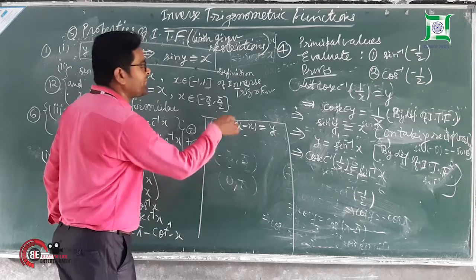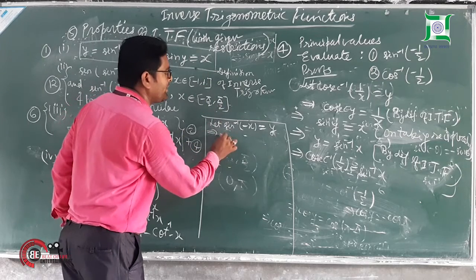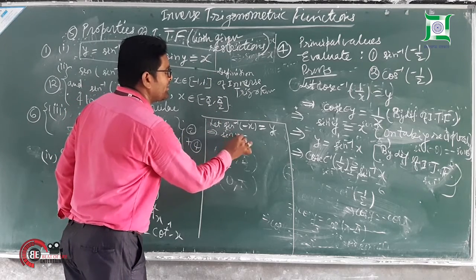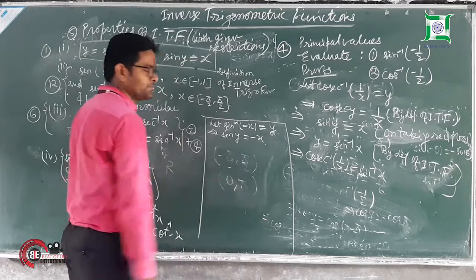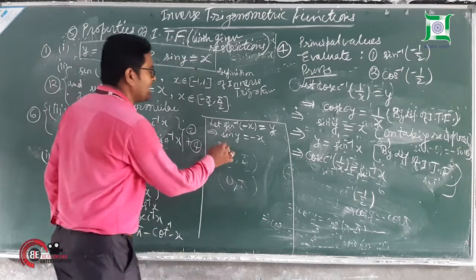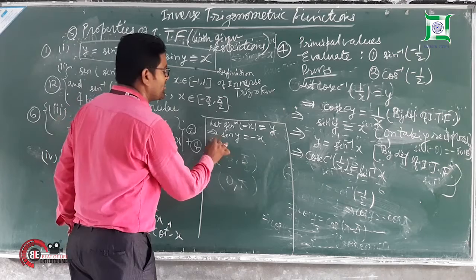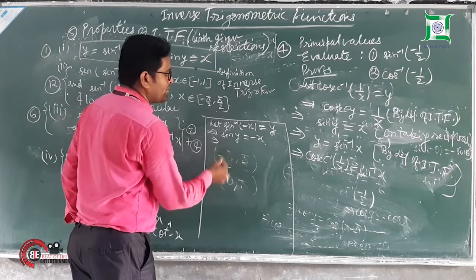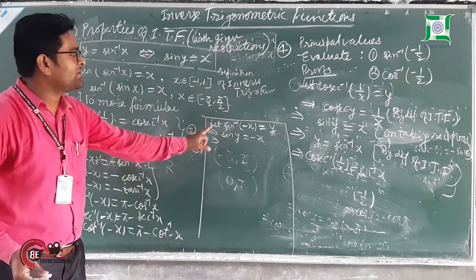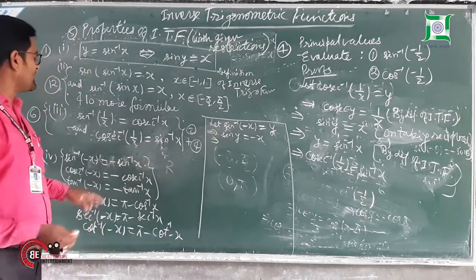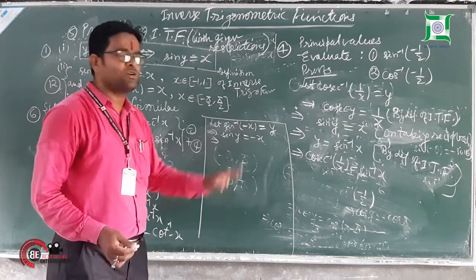Then by definition of inverse trigonometric function, it will be sine y is equal to minus x. Now try to understand it. Sine inverse minus x is equal to y, then we can write it as sine y is equal to minus x.